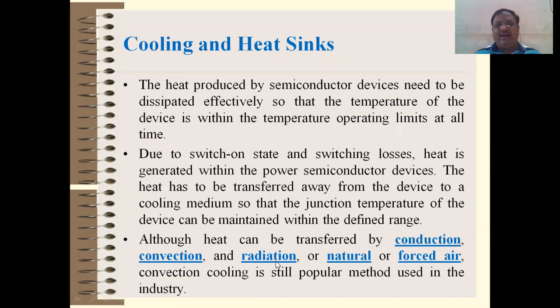It means it radiates heat outside through the case. That is basically called radiation, or sometimes heat is removed by natural convection, or sometimes by forced air convection, right? So these are the techniques used to protect power devices from heavy temperature.